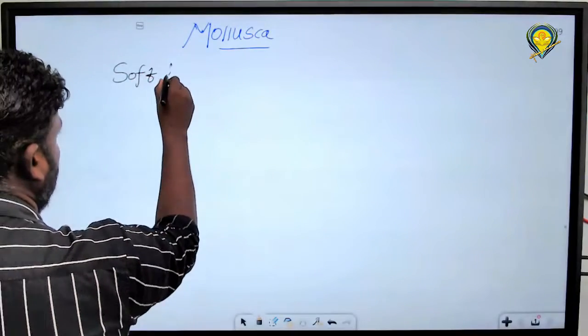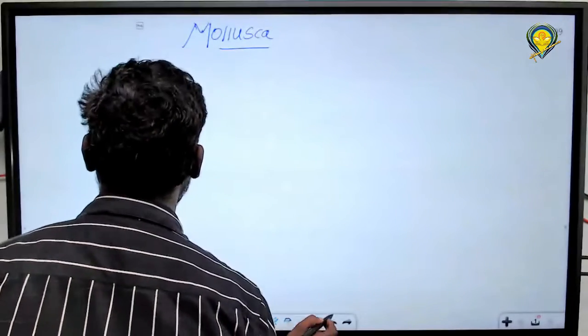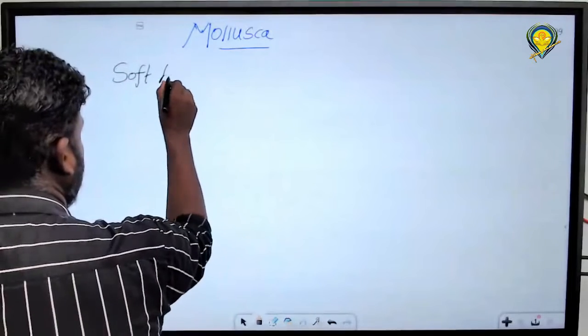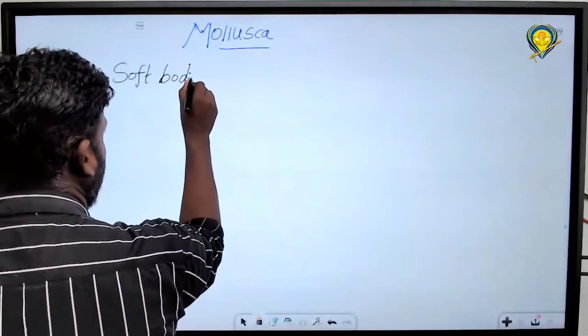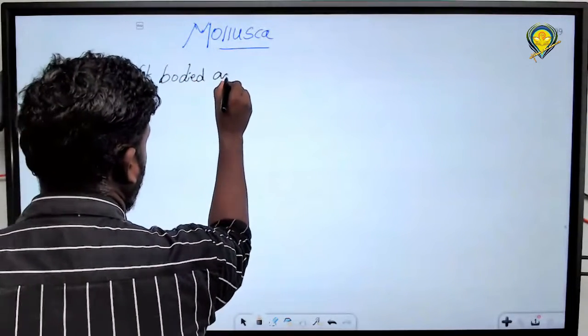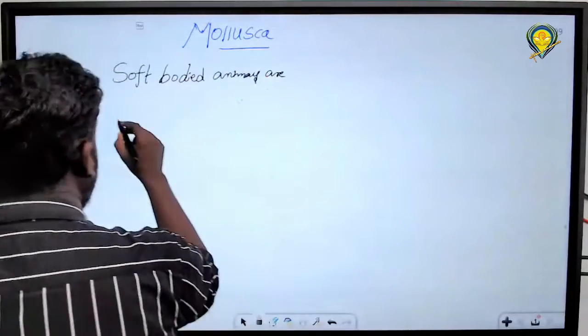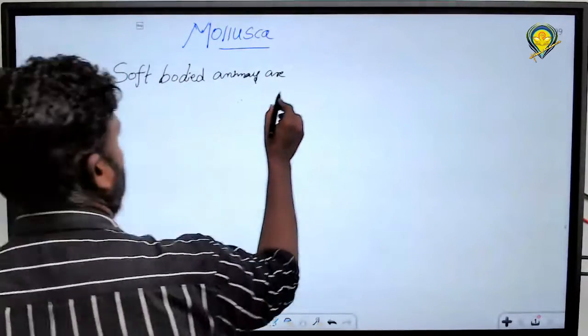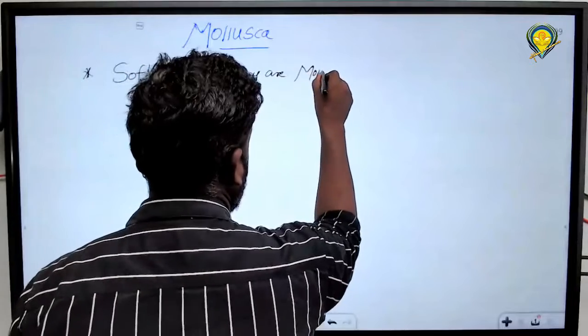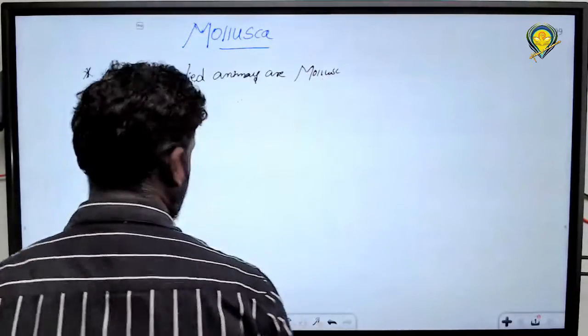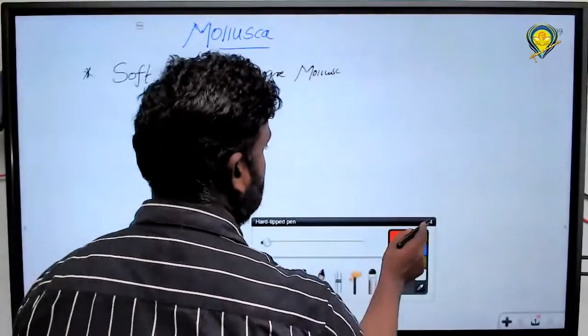Soft-bodied animals are mollusks. Is it the first largest phylum or second largest phylum?